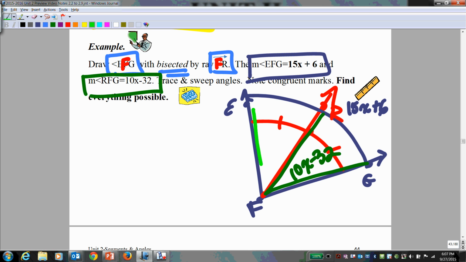Okay, so let's go ahead, pull in a third color here. Let's see what's true here. What's true is that little green angle plus the little green angle equals the big blue angle, right? That's true. What's also true because of the bisector is that the light green angle equals the dark green angle.